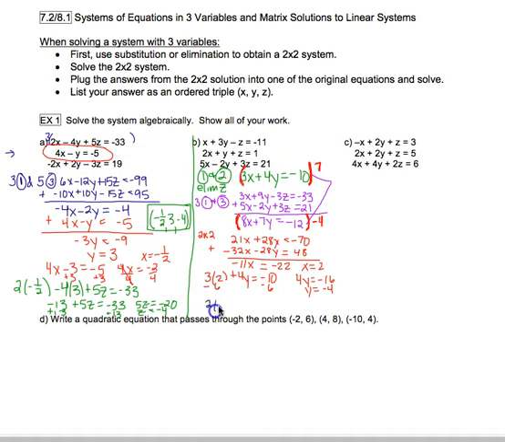So 2 times 2 plus negative 4 plus z equals 1. So 2 times 2 is 4 plus negative 4 is 0. So that gives me z equals 1. Now I've got all 3 variables, which means I can list my ordered triple. So 2, negative 4, 1 would be my final answer on part B.